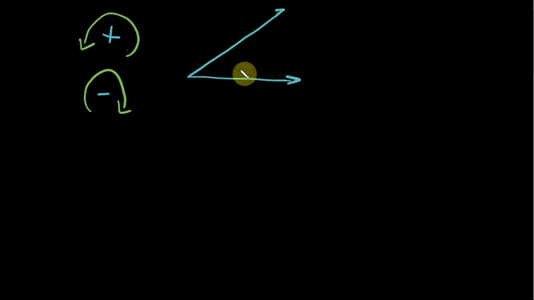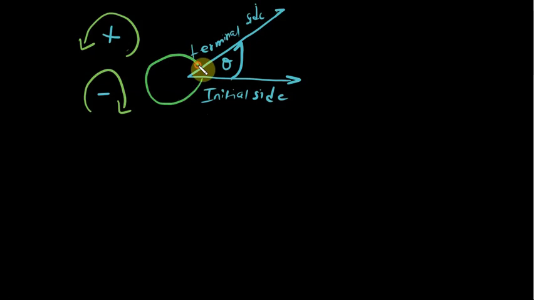We also learned that an angle has an initial side and a terminal side, and that an angle that shares the same initial side as that of a given reference angle is known as a coterminal angle. So coterminal angles share the initial side and terminal side.